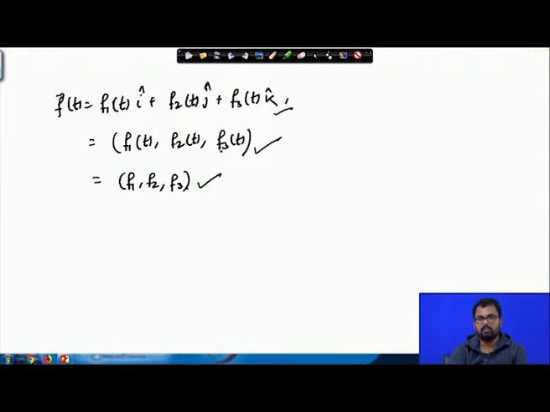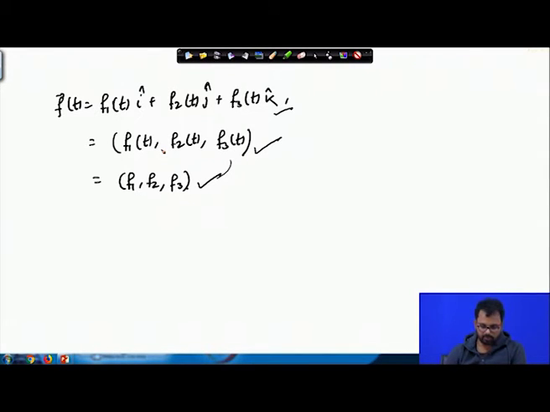Also you should not change the order. If you write f1(t), f2(t), f3(t), that means the coefficient of i is f1, the coefficient of j is f2, and the coefficient of k is f3. So, do not play with the order of this notation, all right.